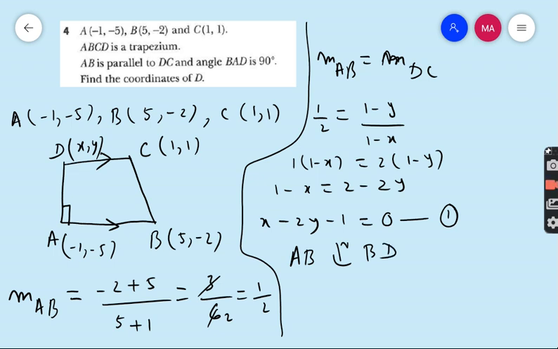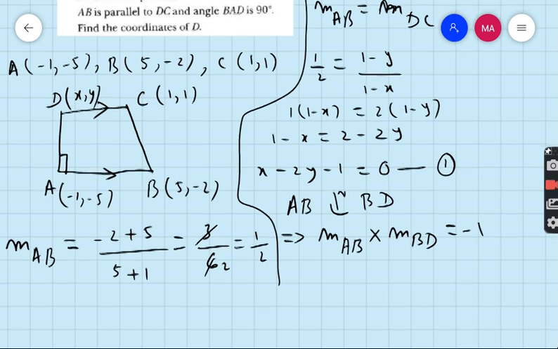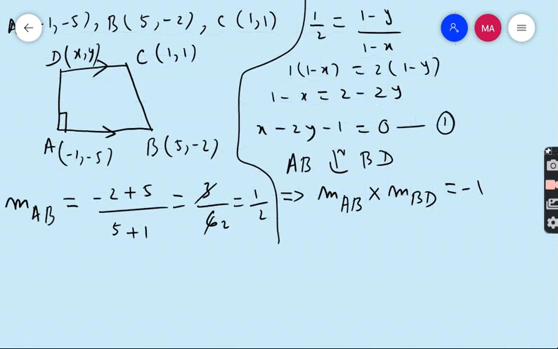This implies that the gradient of AB multiplied by the gradient of BD should be equal to minus 1, because if two lines are perpendicular, then the product of their gradients should be equal to minus 1.